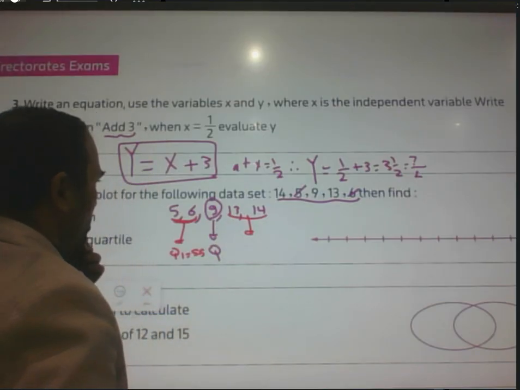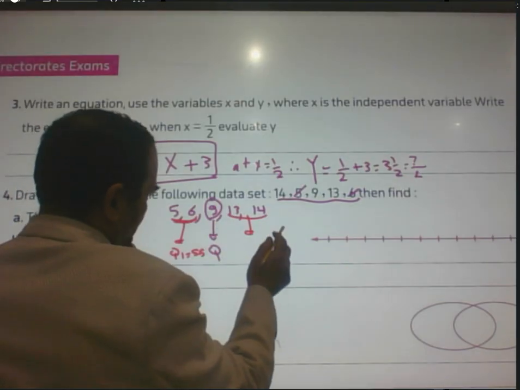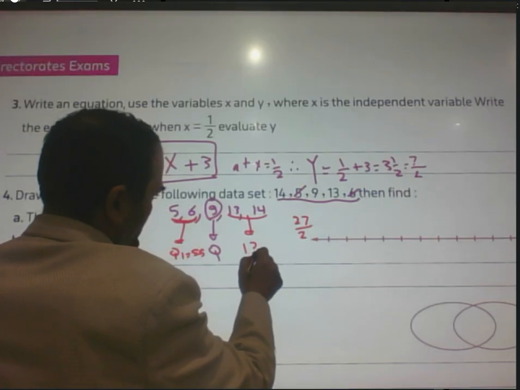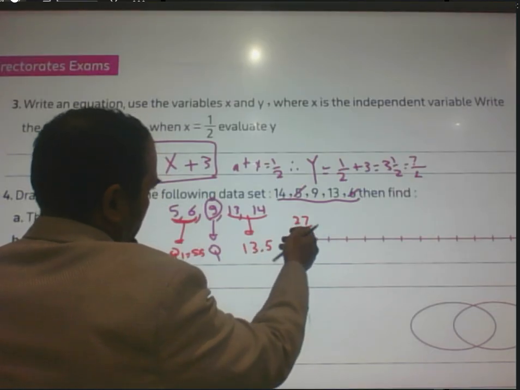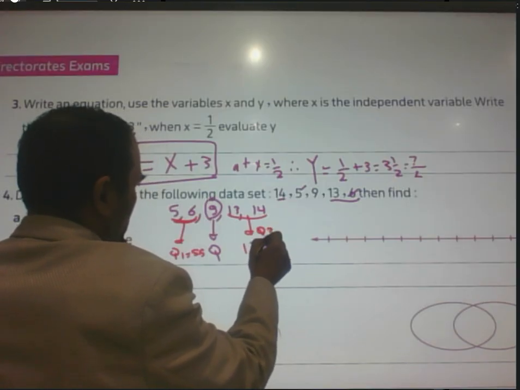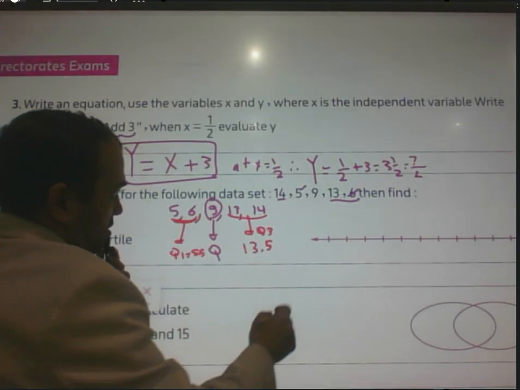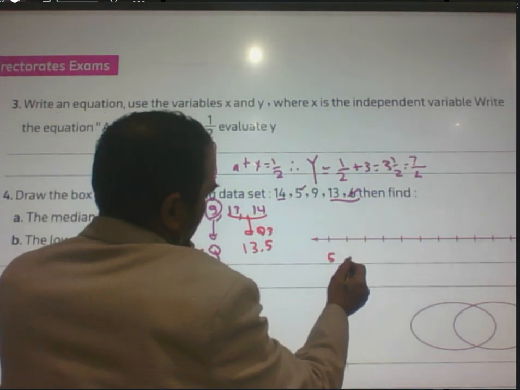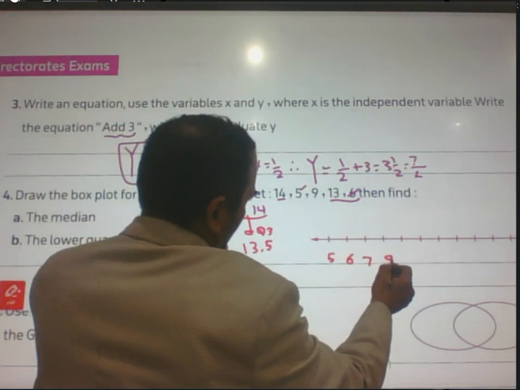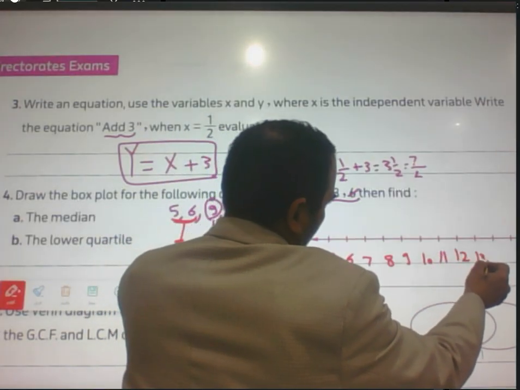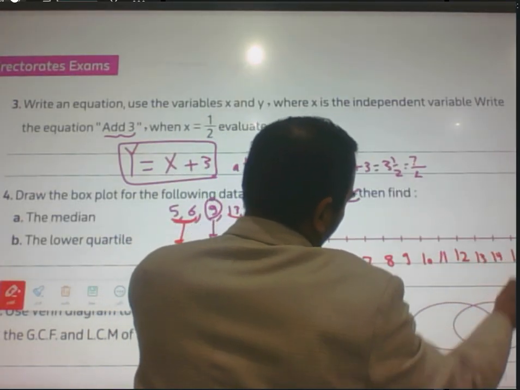And from here, we can find the number that lies between 13 and 14: 13 plus 14 equals 27, divided by 2. It will be 13.5. It's quartile number 3. Then we must start from 5 here: 5, 6, 7, 8, 9, 10, 11, 12, 13, 14, 15.